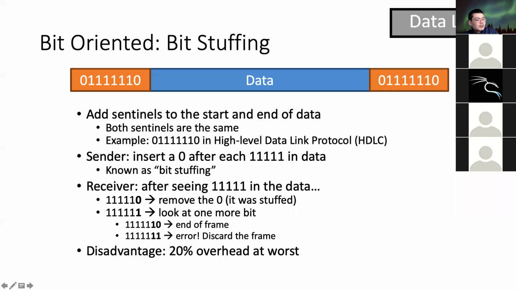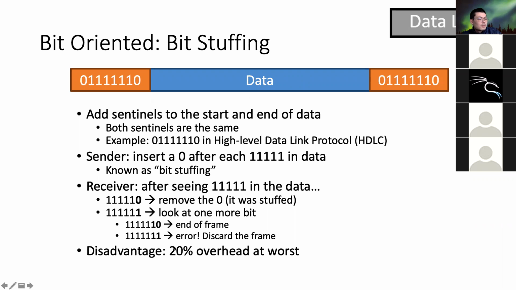Basically, we have the sentinel bytes, or flags. These are called sentinels, and they delineate the frames. If you look at the sentinel, it has six ones. Whenever in your data you see five ones, you automatically insert a 0.